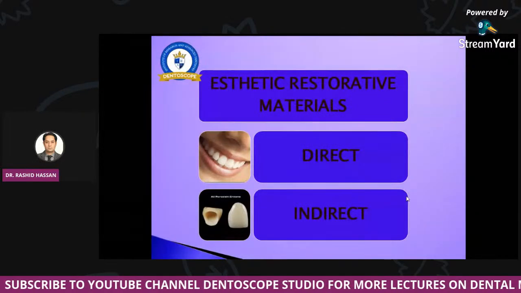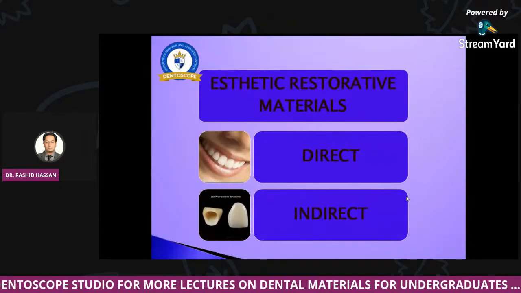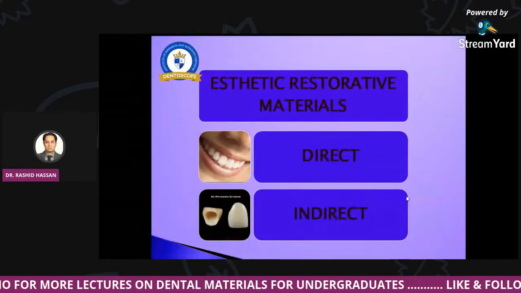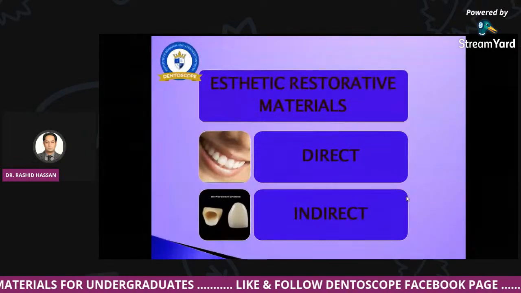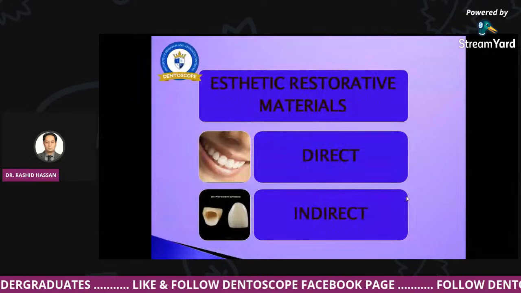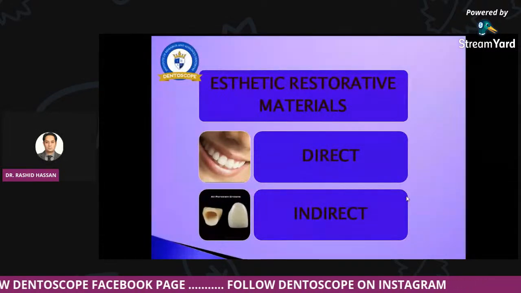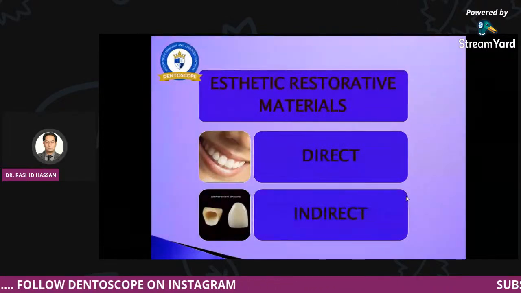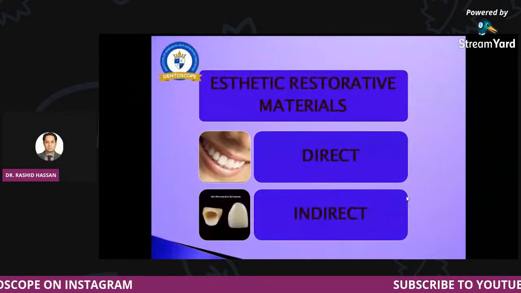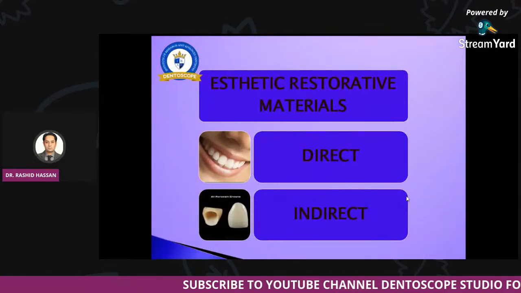Like the patient comes to you, you do the diagnosis, and then you prepare the cavity, and then you restore the tooth with a restorative material which is present in your dental surgery. You do not involve a dental lab for these types of restorations. These are called direct aesthetic restorative materials.